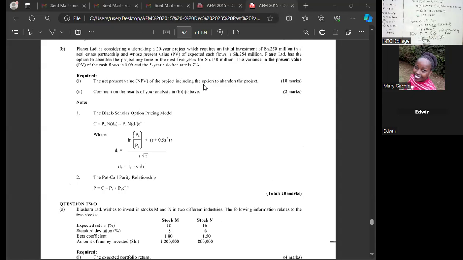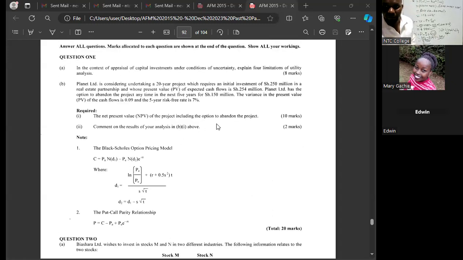So we shall stop there. NPV minus IO plus VP. I don't know if you guys umeelewa the concept.